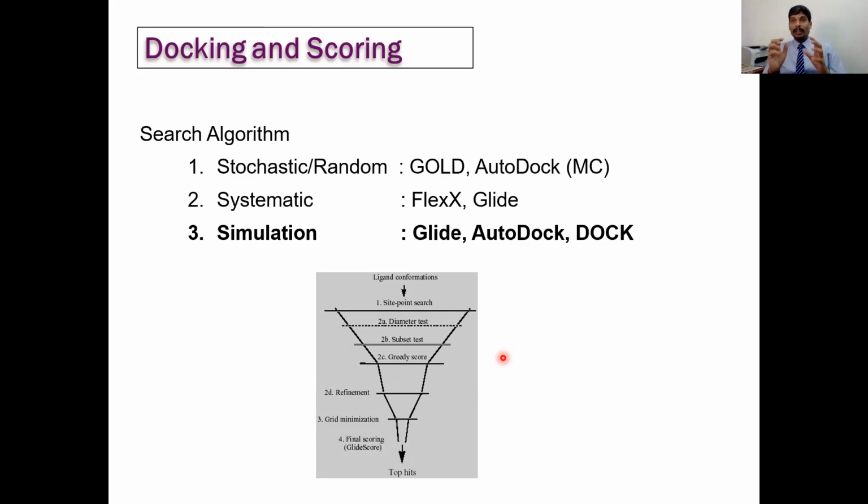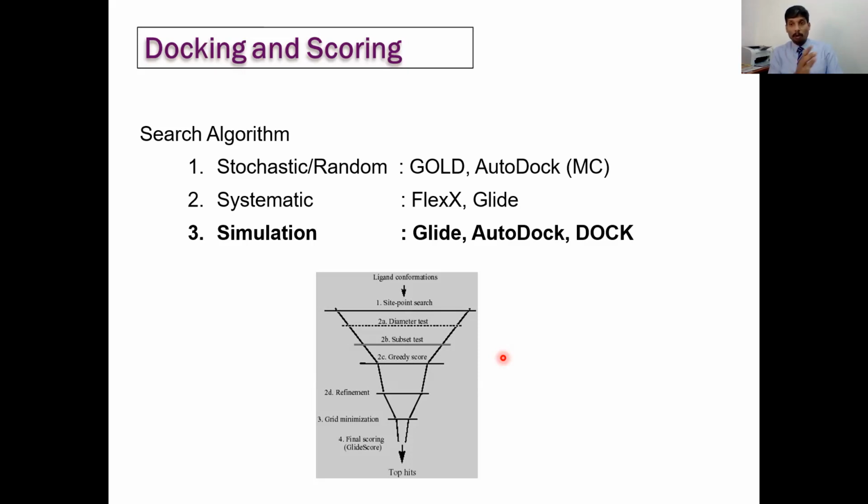So what is the grid? This is the active site, and surrounding that you make a grid, so a 10 Angstrom or 5 Angstrom grid. That is a cube it will form. So inside the grid, every corner, every point, will have a certain score. So that will be pre-defined. That is what happens when we make the grid calculations.